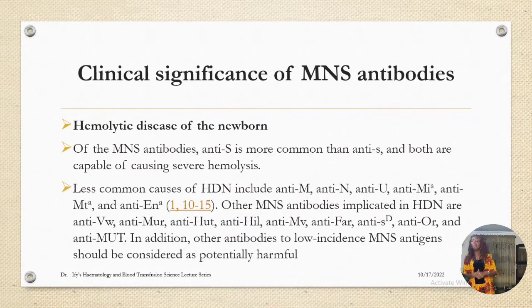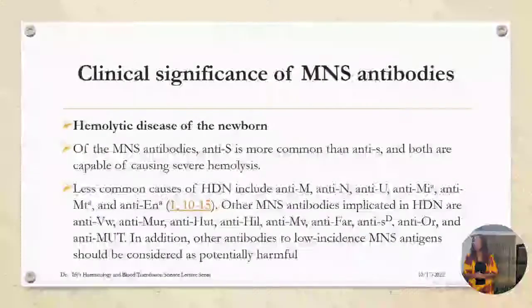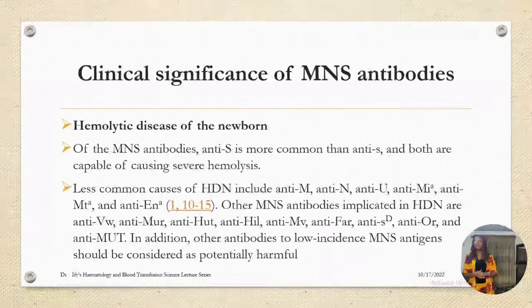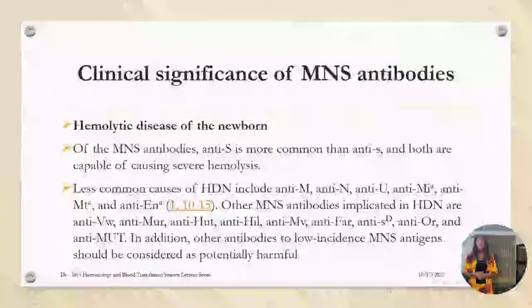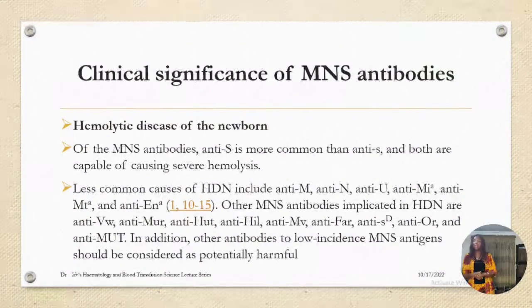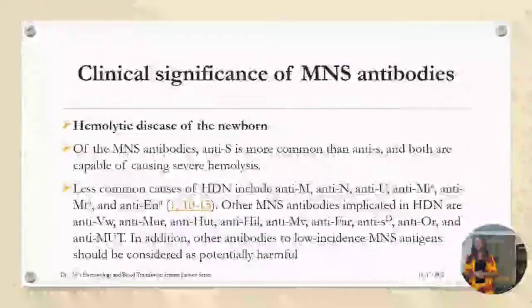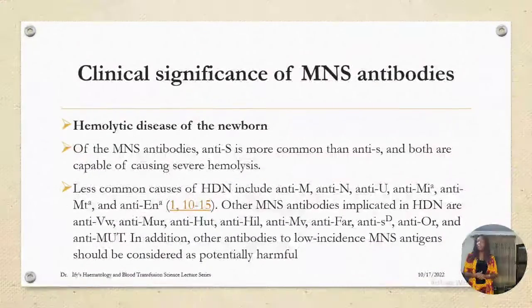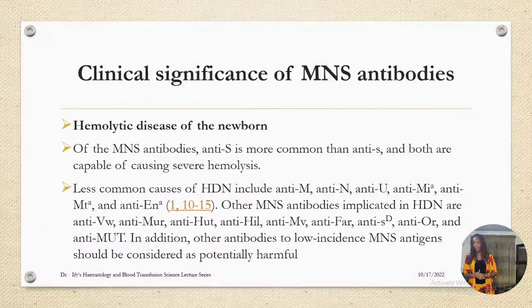Of the MNS antibodies, anti-big S is more common than anti-little s, and both are capable of causing severe hemolysis. Less common causes of hemolytic disease of the newborn include anti-M, anti-N, anti-U, anti-Mia, anti-Mta, and anti-ENA.